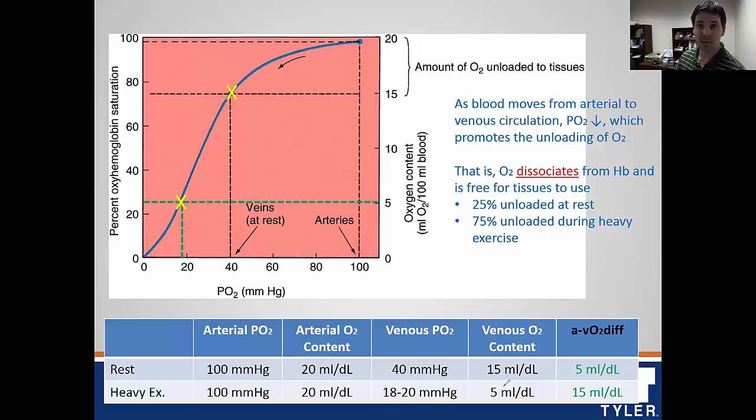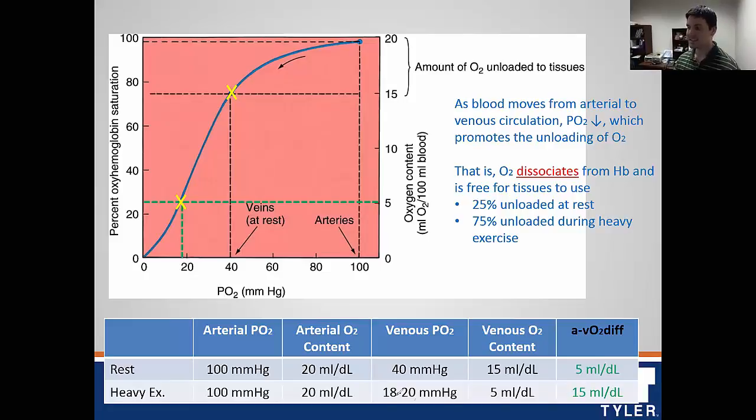And we discussed that. Remember, AVO2 is increased incrementally with exercise training, so that we can say at rest about 5 mils per deciliter of blood, whereas when we talk about heavy exercise, the AVO2 is about 15 mils per deciliter or 100 mils of blood, which is how we calculate AVO2 difference.